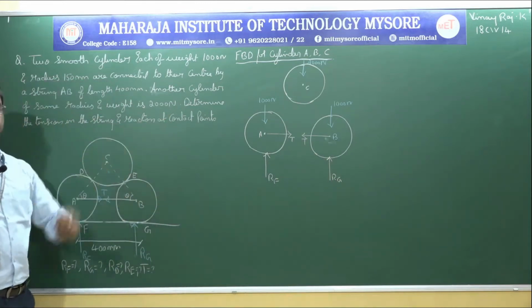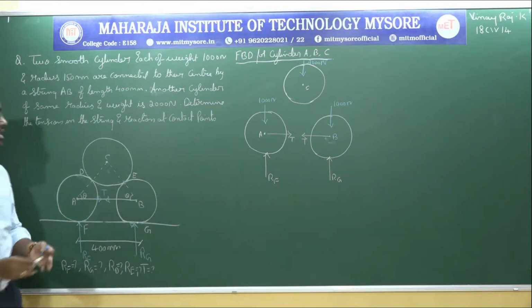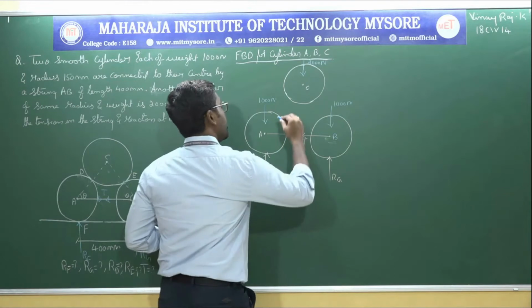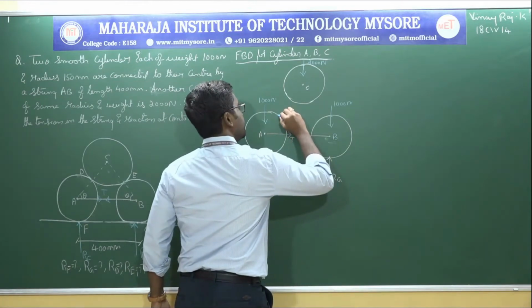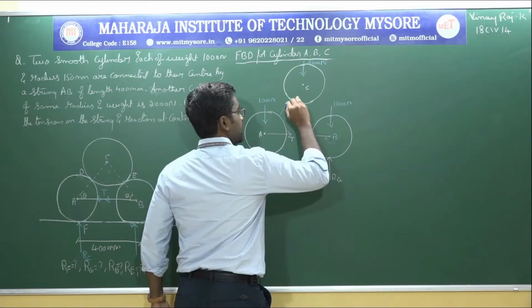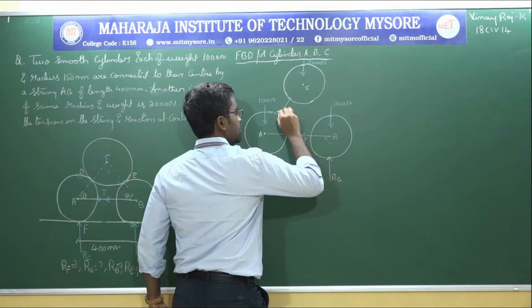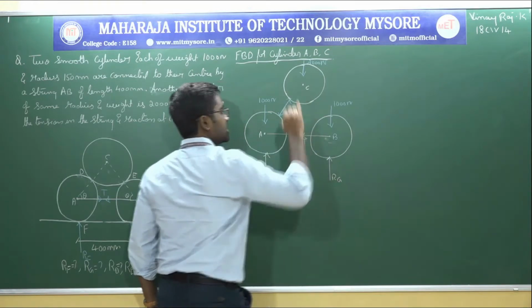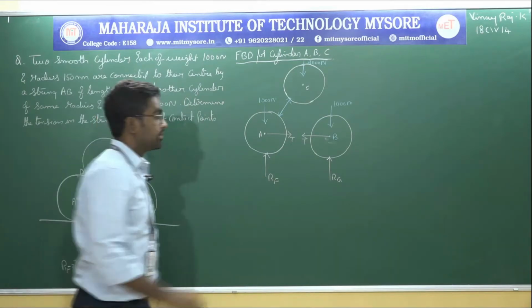Now I need to mention the compression between the cylinders, and when you mention the compression, it should be such a way that the line of action should be passing from the cylinders. So 2 arrow marks which is going outward.